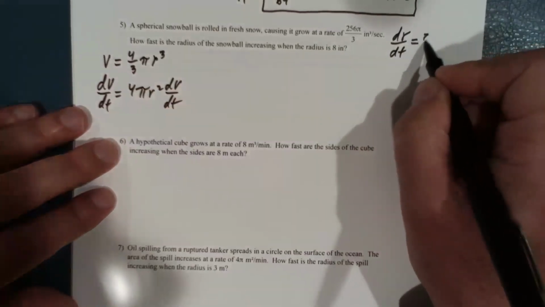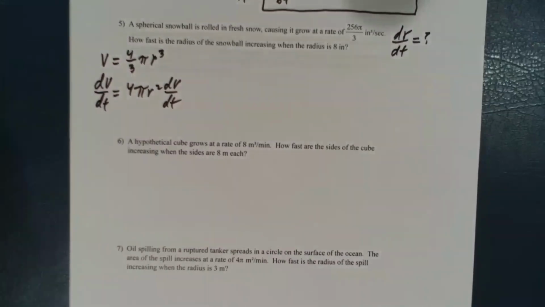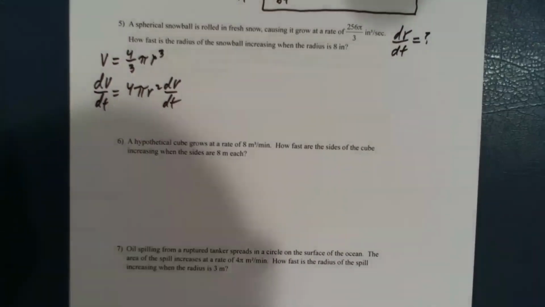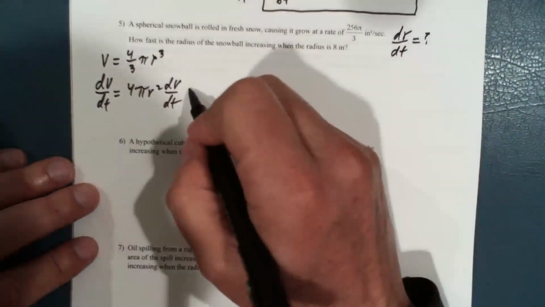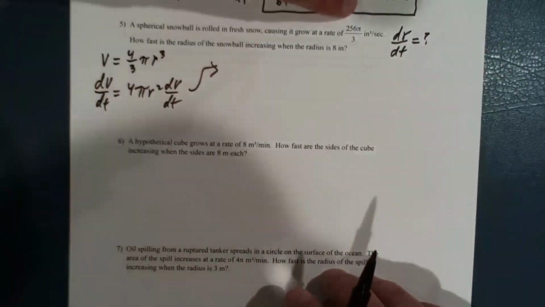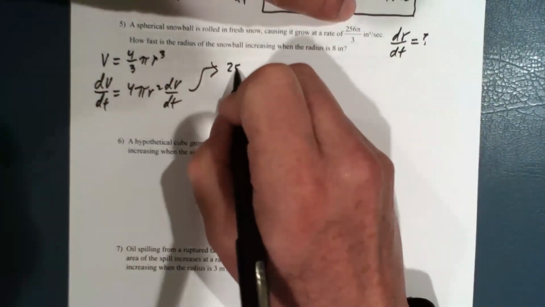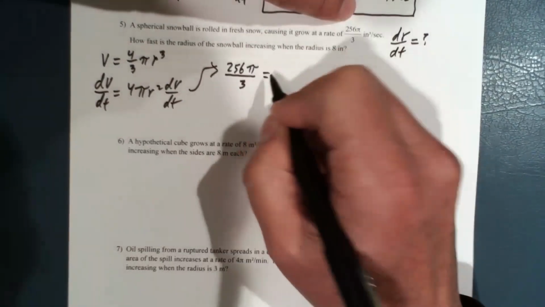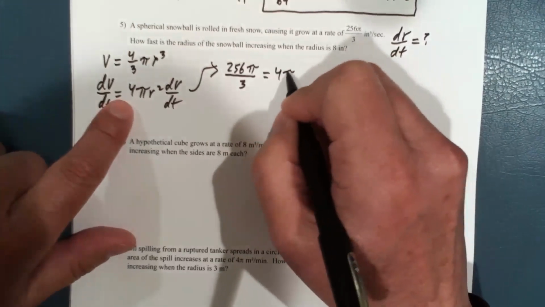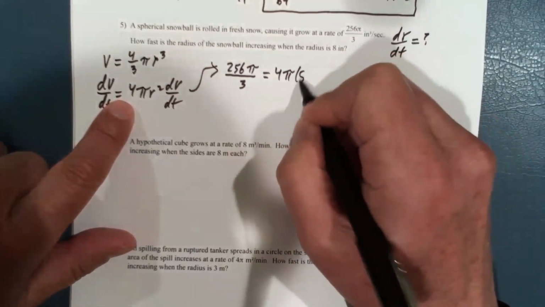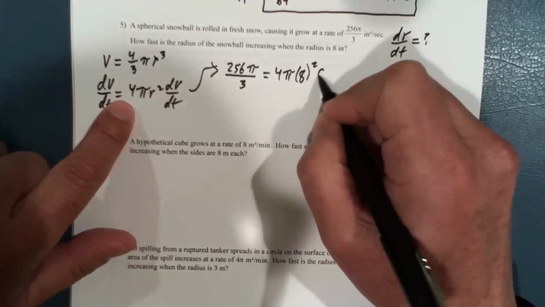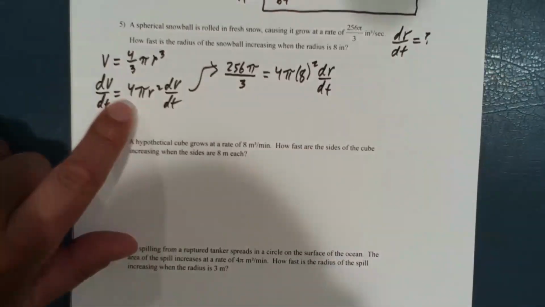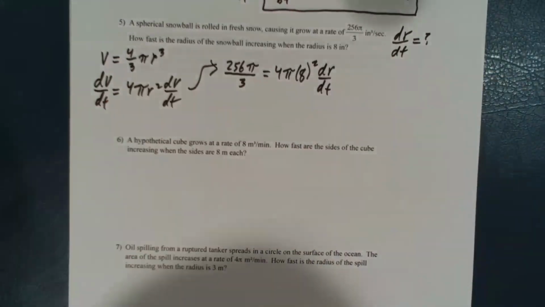Again, that's what we're looking for. They've given us dV/dt already, so it is equal to 4 pi, r in this case is 8, dr/dt. Once again, the pi's are going to reduce out.